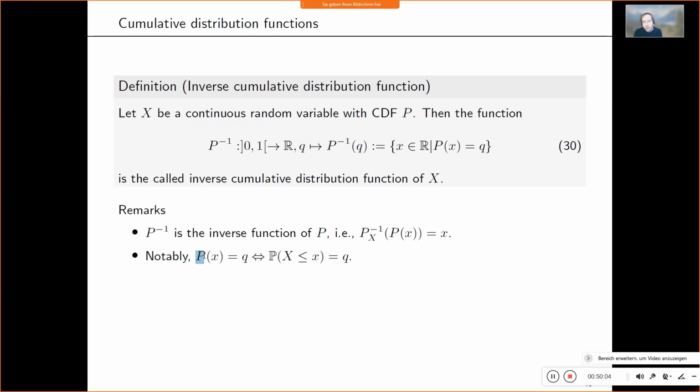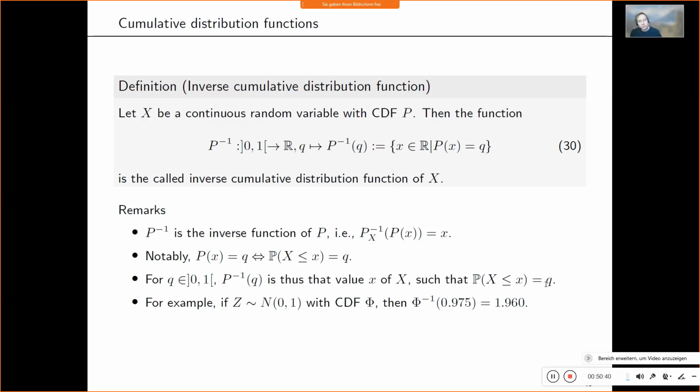By definition, if the CDF of x equals q, then this is the same as saying that the probability of the random variable X to take on values smaller than x is q, which means that for every q in the interval 0, 1, P^-1(q) is the value of the random variable such that the probability of X to be smaller or equal to x equals q.